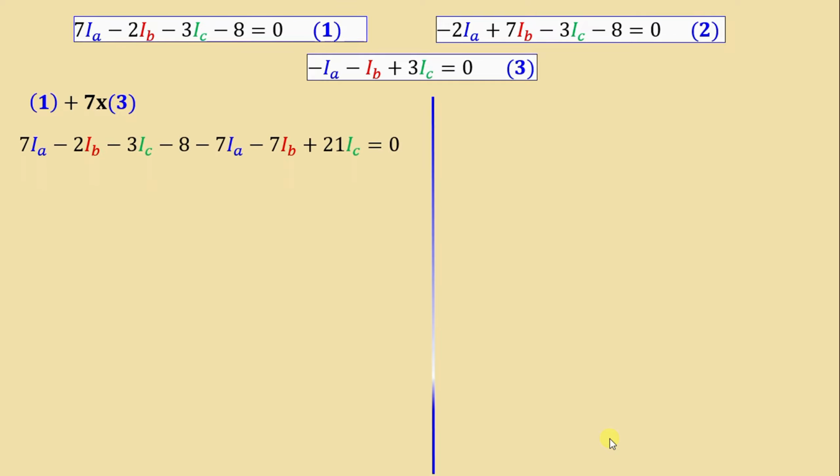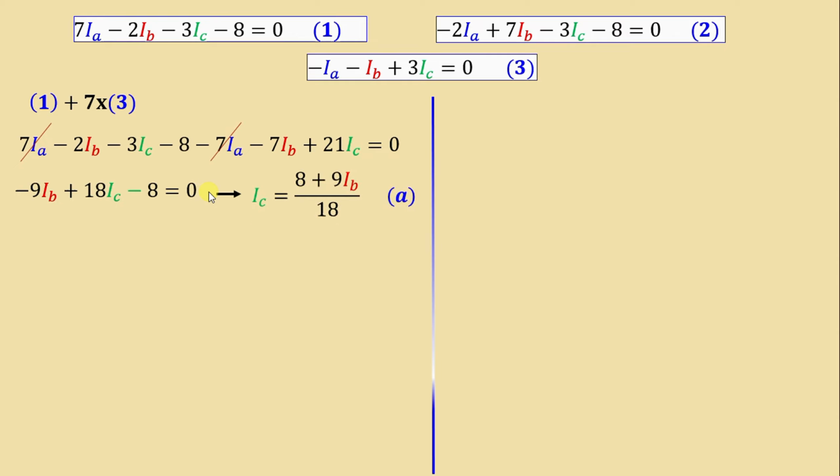We obtain 7IA minus 2IB minus 3IC minus 8 minus 7IA minus 7IB plus 21IC is equal to 0. We have 7IA and 7IA, they cancel each other. Finally, we obtain negative 9IB plus 18IC minus 8 is equal to 0.